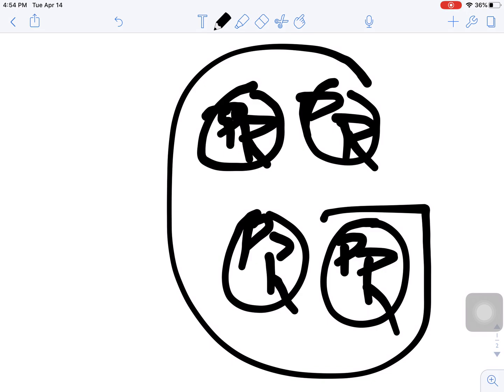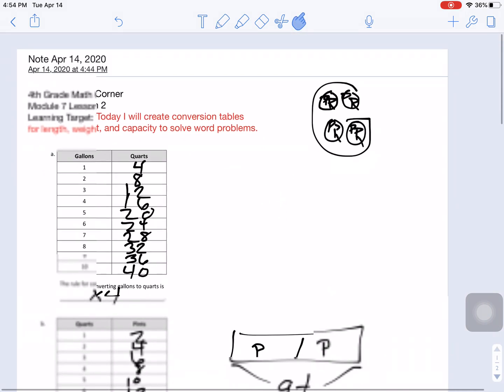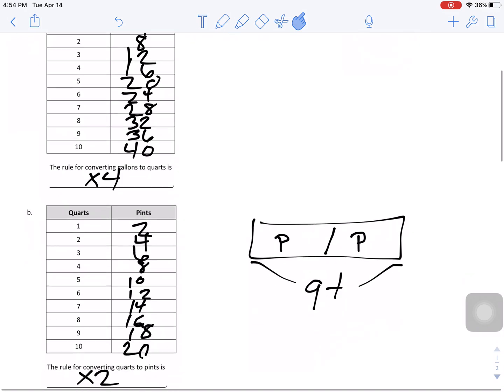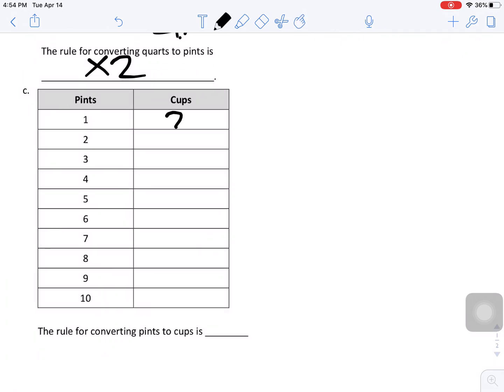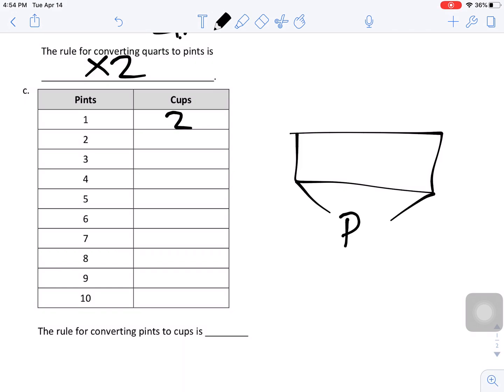So each princess or prince gets 2 cats, which the C represents our cups. So there are 2 cups in every pint, which means if this were my pint, I would have 2 cups in it. And so if I had 1, that would be 2.